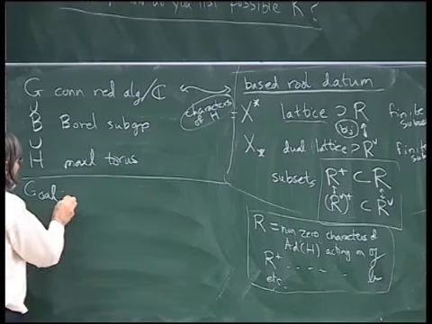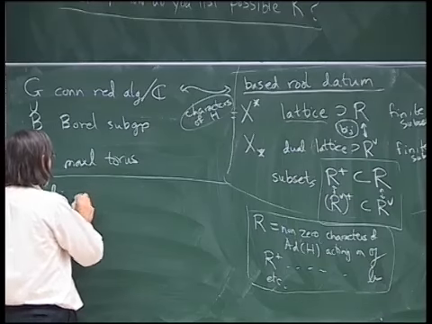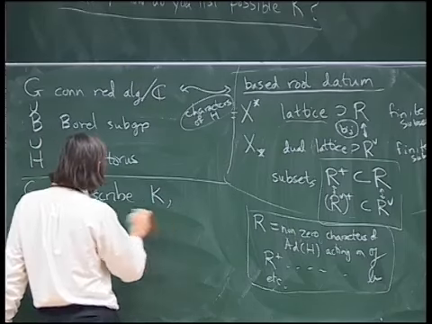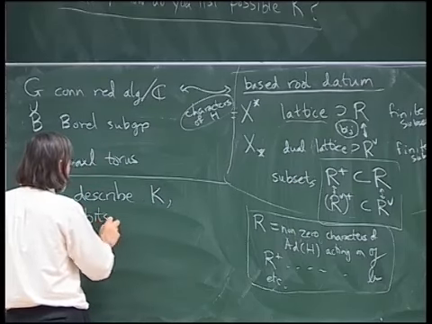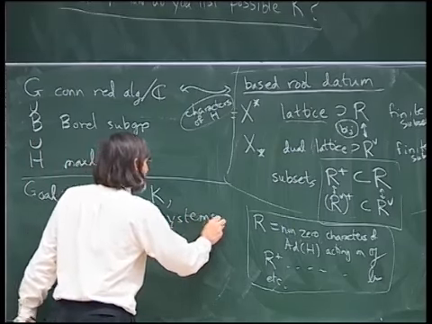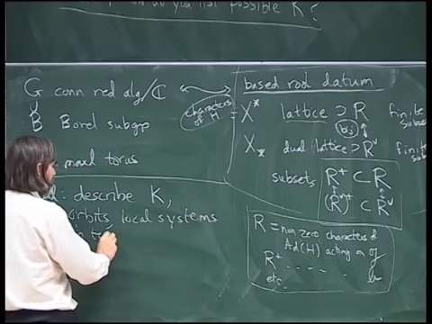What I want to describe is how you describe K and these orbits and these local systems just in terms of these lattices.